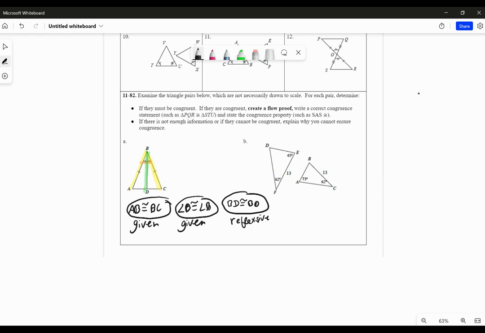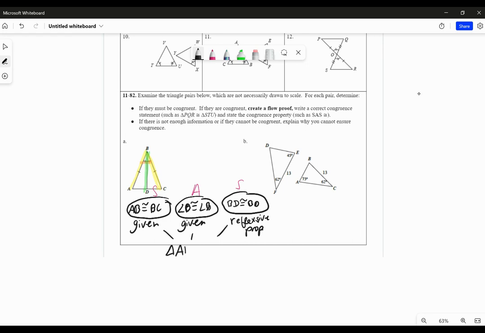Now, you may not remember that property. I don't know if we're going to have that on the final exam, but if you know reflexive property, you should be okay. All right, so what do I have here? I have a side, I have an angle, and I have a side. Well, that's enough information to say that 2 triangles are congruent. So I'm going to point my little arrows down here and give my congruent statement.